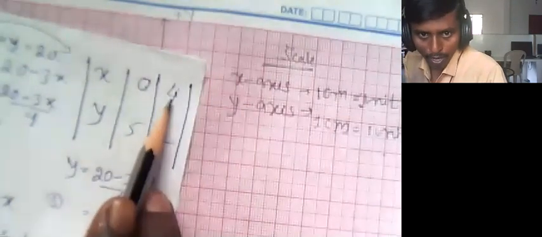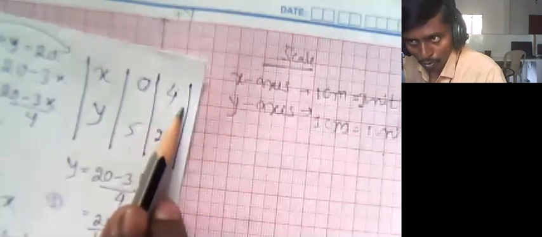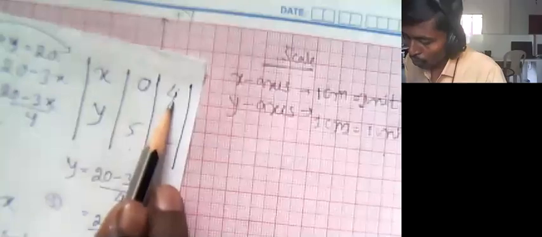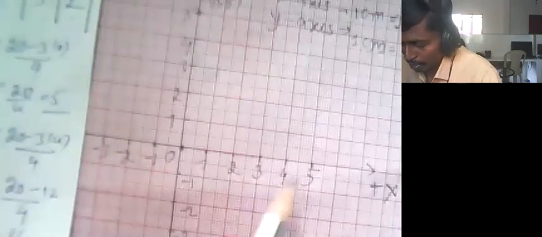What is the value of x? The x value is 4, and the y value is 2. x is equal to 4 means plus 4 from the origin, towards the right: 1, 2, 3, 4.